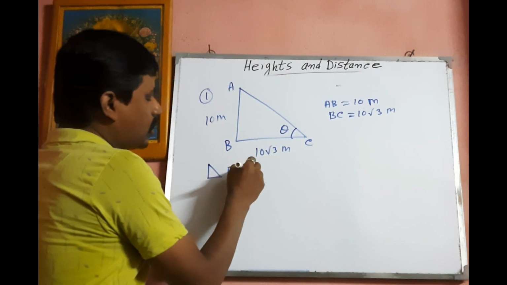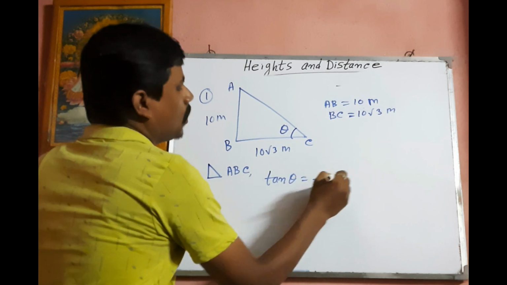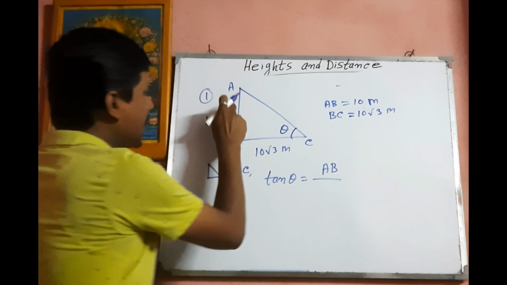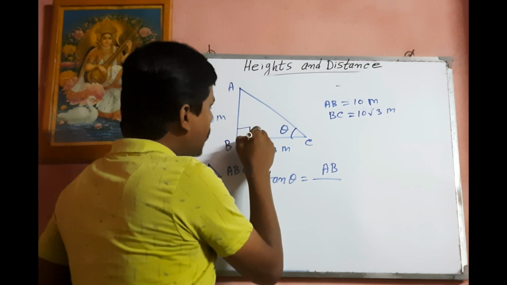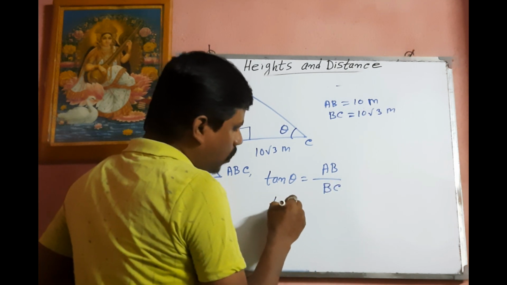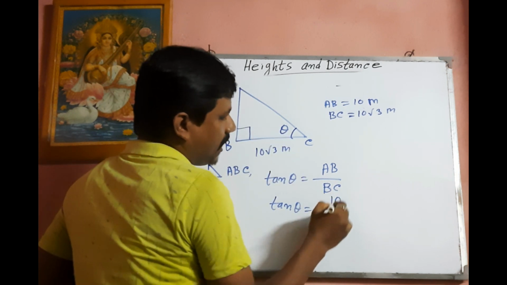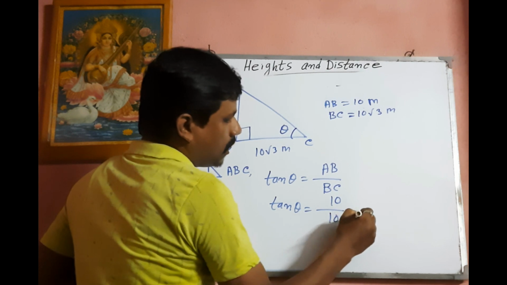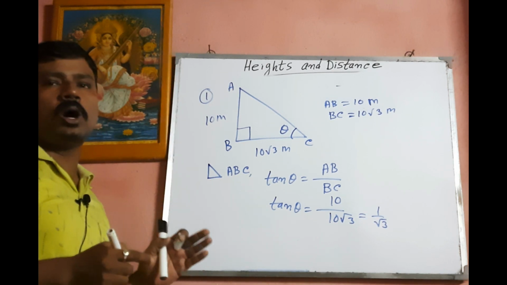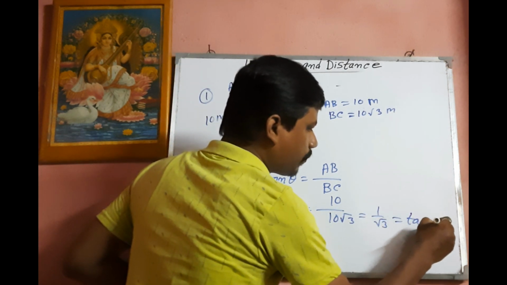Then according to the right angle triangle ABC, tan theta will be perpendicular, this is AB, and base, this is BC. After putting the value of AB, this is 10, and BC, 10 root 3, calculating we get 1 by root 3, and we know the standard value of 1 by root 3 is tan 30 degree.